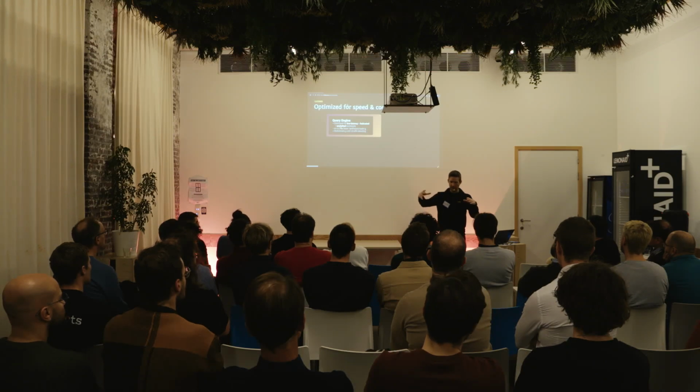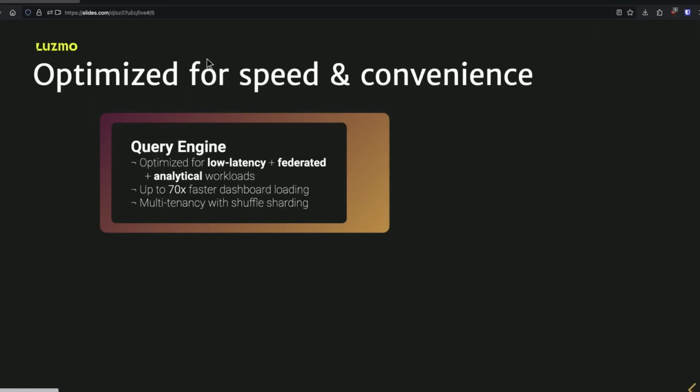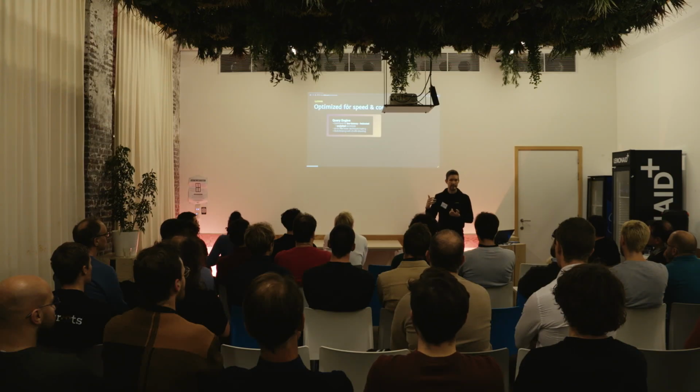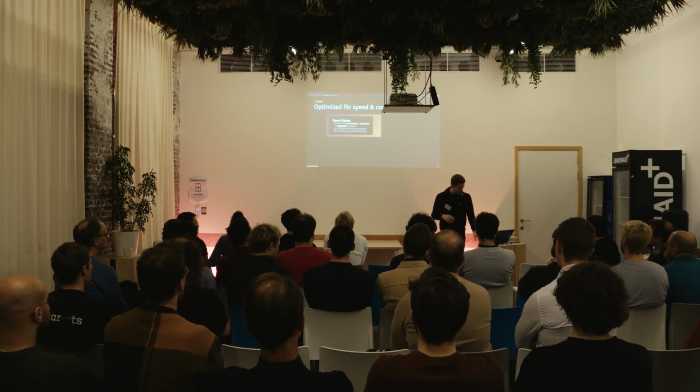So we are doing those queries, we get intermediate result sets, and we're further refining those in real time into the data that the charts themselves need. In our tests and on real customer use cases, we see sometimes up to 70, sometimes even more times loading time improvements when this query engine is used.